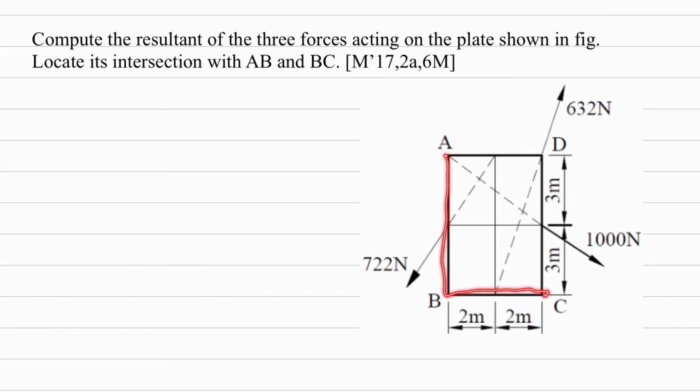So just if you use your judgment, obviously the resultant force will be something like this. Then only it will intersect AB and BC.